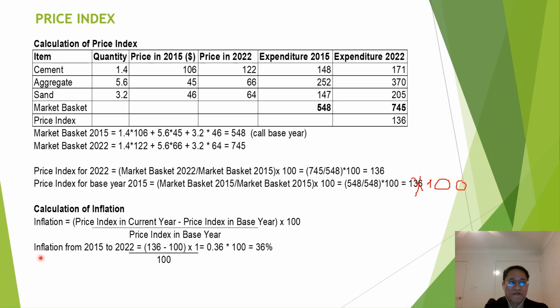For example, the inflation from 2015 to 2022 is equal to 136, our price index in the current year, minus 100, our base year, and divided by our price index for the base year, 100, which is equal to 36%.